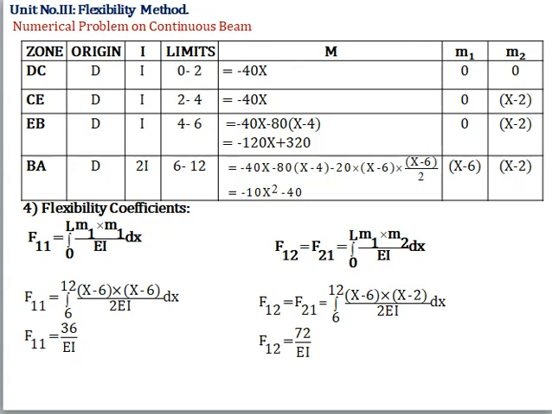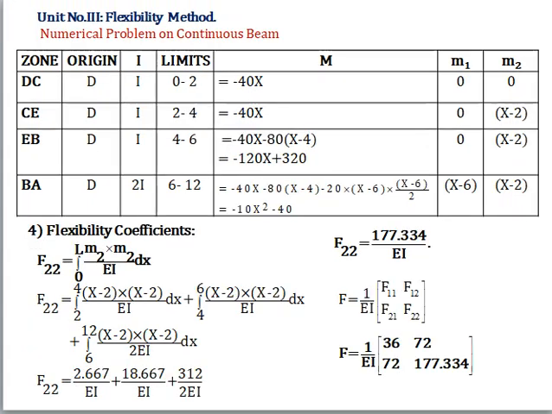From this, putting in the values, we get the coefficients of the flexibility matrix, and we also developed the coefficient f22, and finally we have the flexibility matrix F is equal to 1 upon EI times the matrix with first row 36, 72, second row 72, 177.334.